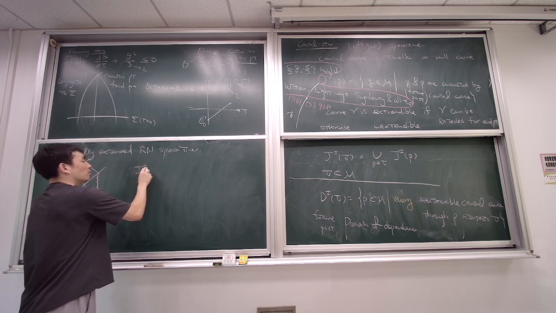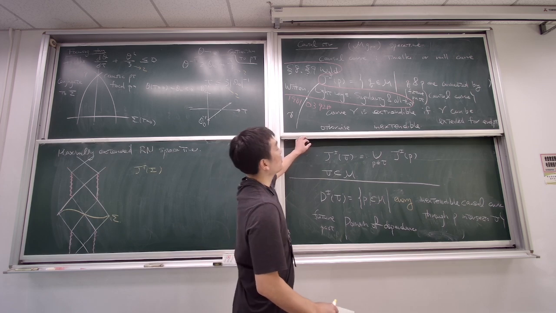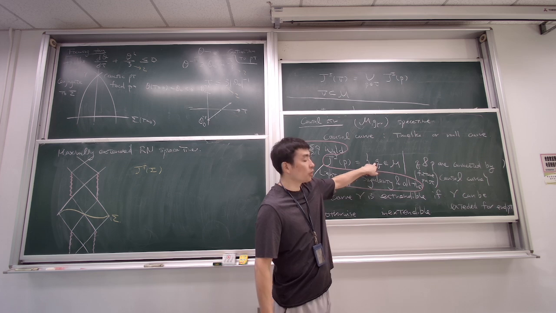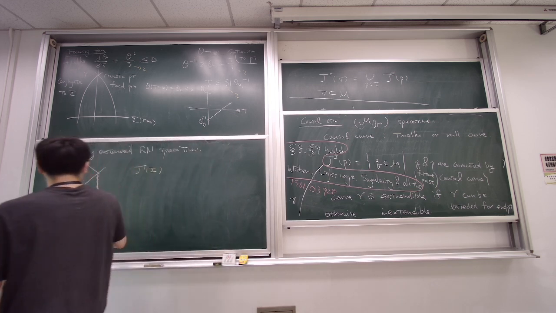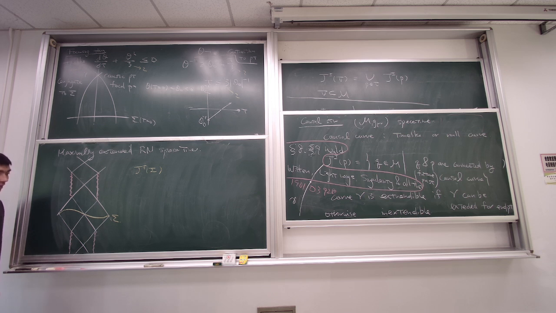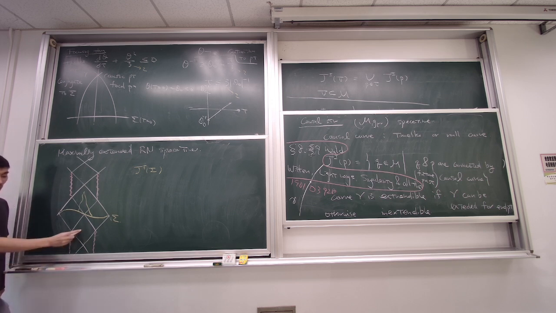Then J plus of sigma: let's look at all the points Q such that Q and some point in sigma can be connected by a causal curve. This point can be connected to a point in here by a time-like curve, so it is included in J plus. On the other hand, this point is in the past, so you cannot connect it by a future causal curve, and it is excluded.